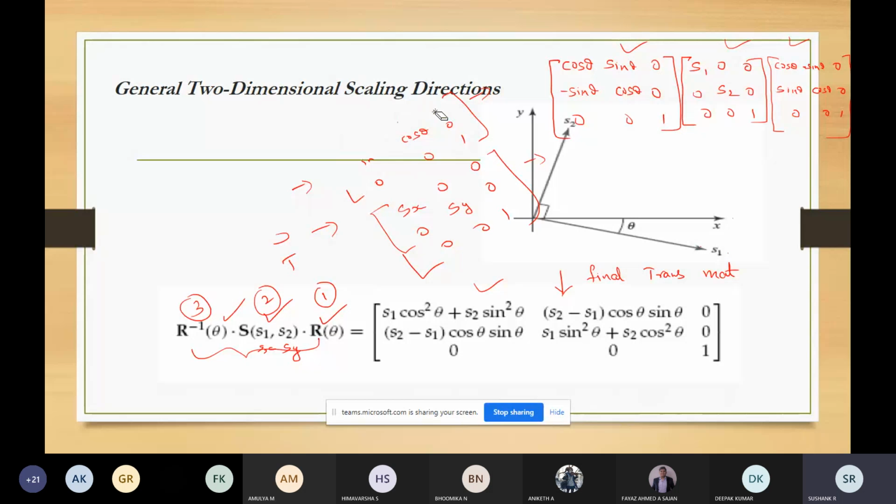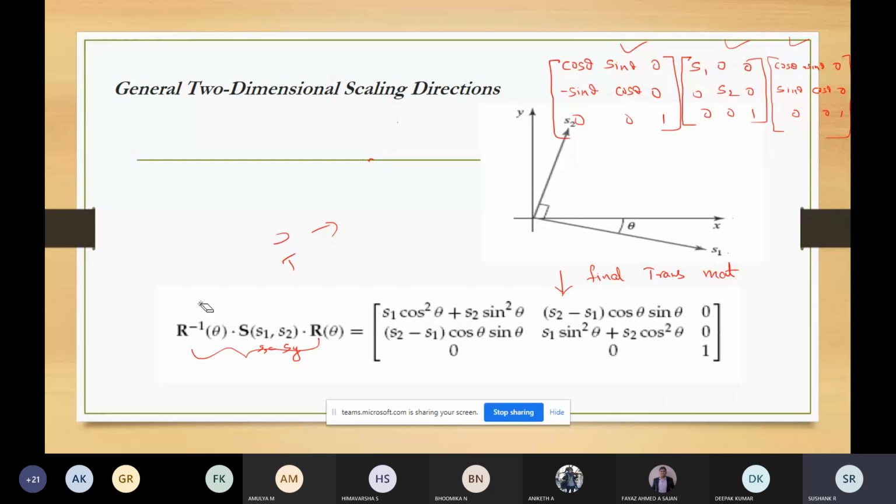This is the matrix. If you want to know the result, you can just verify this. I'll verify the result as fast as possible.